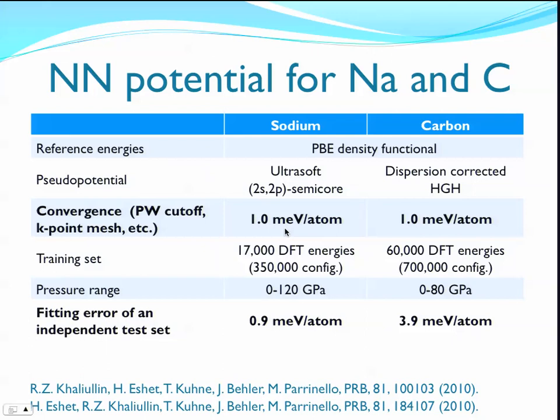That's why we expect that neural networks will reproduce our ab initio potential energy surfaces with a really high degree of accuracy. So essentially, the results of molecular dynamics simulations based on neural networks will be absolutely the same as results one could obtain from ab initio potential energy surfaces.